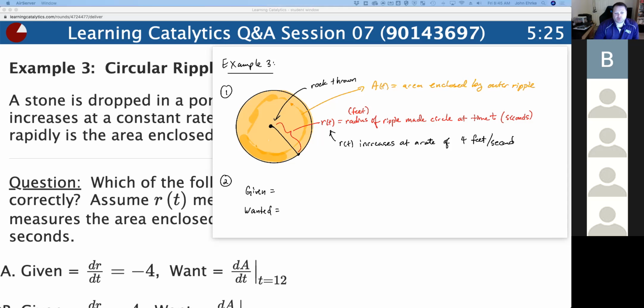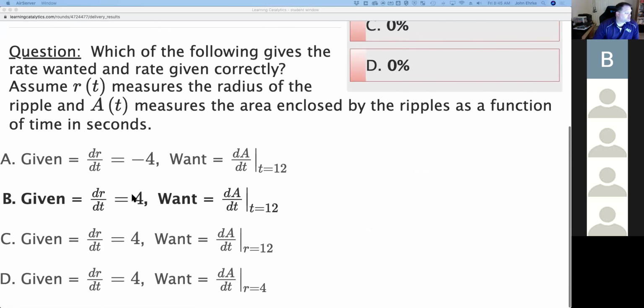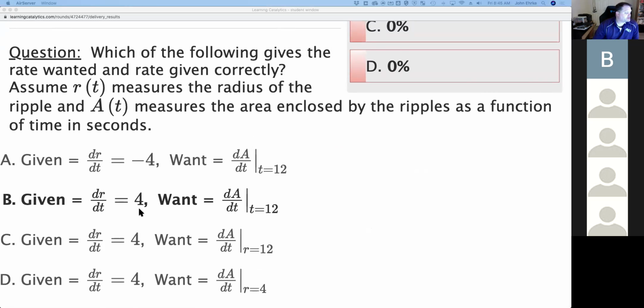All right, you got about 20 seconds. All right, this time we are 100%. So the correct radius rate, dr/dt, is 4. The radius is increasing, and I want to find the rate of increase of the area after 12 seconds.